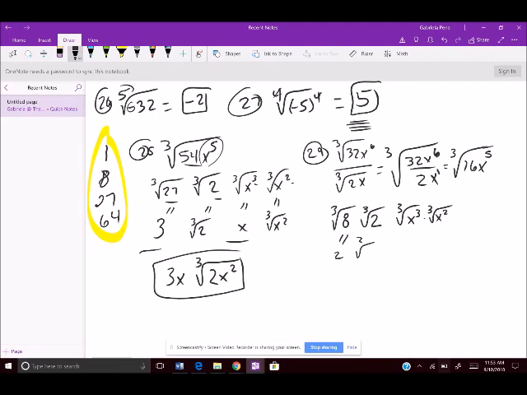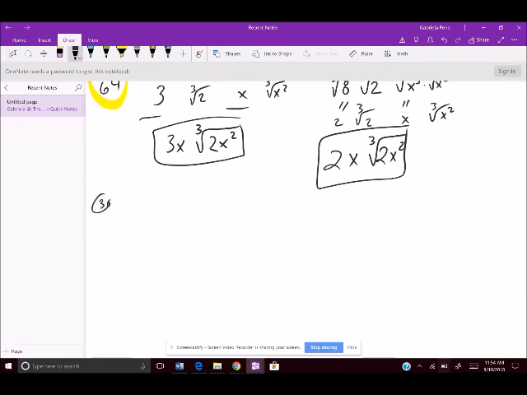We can't do anything here. This becomes x, and we can't do anything here. So the final answer, 2x cube root of 2x squared. Are we good?